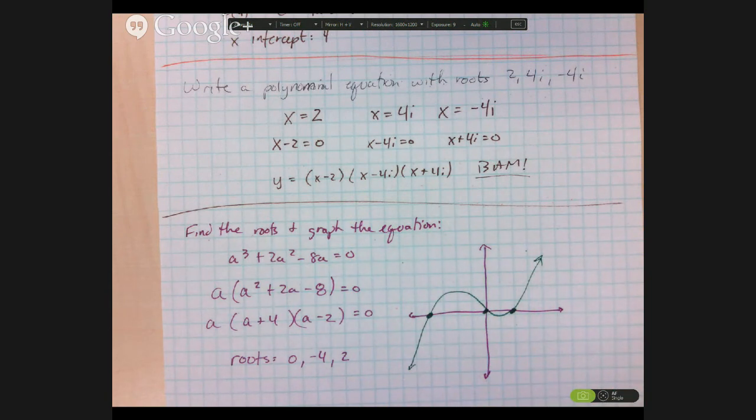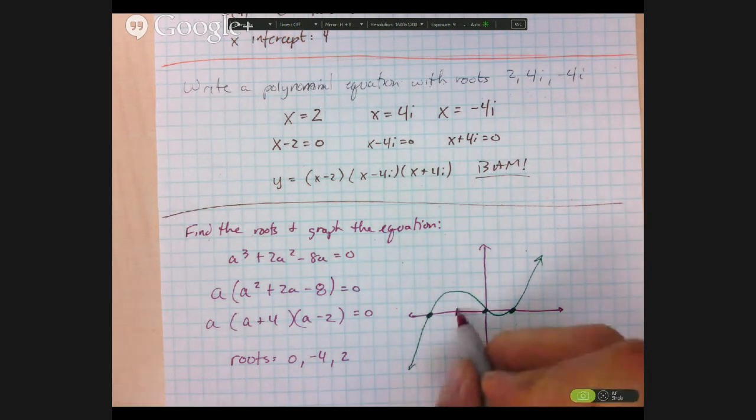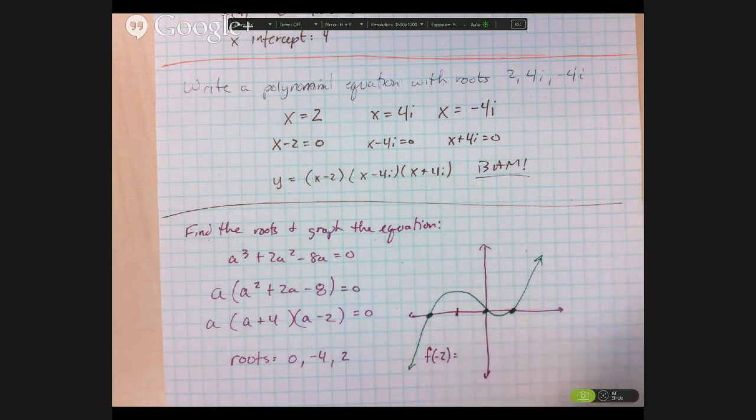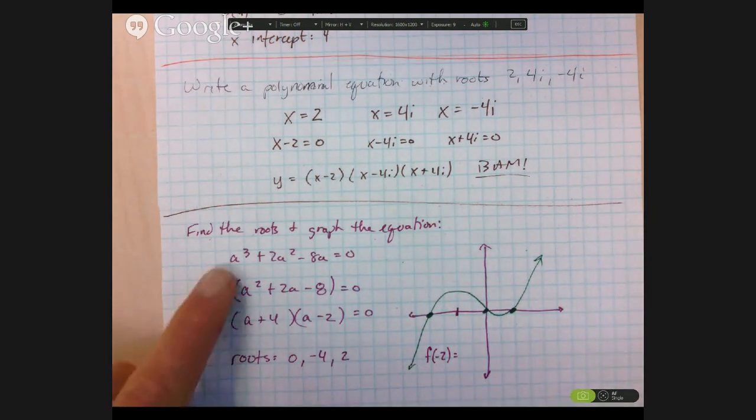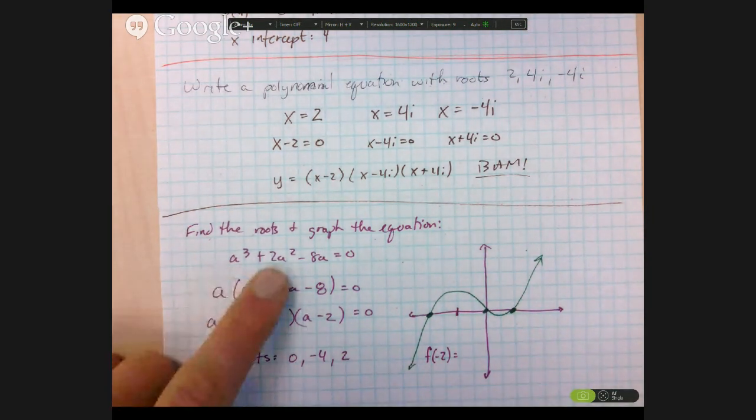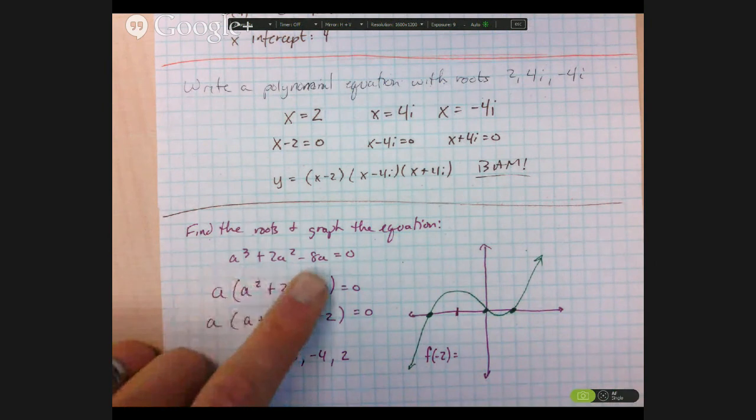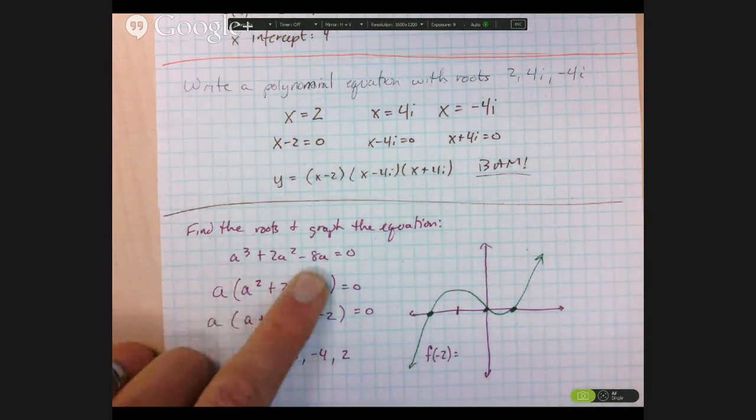Do you want to be more precise on the graph? No. Okay, all you have to do, if you're paranoid, what's the function evaluated at negative 2? We get negative 8 plus 8, 0, 16, right?